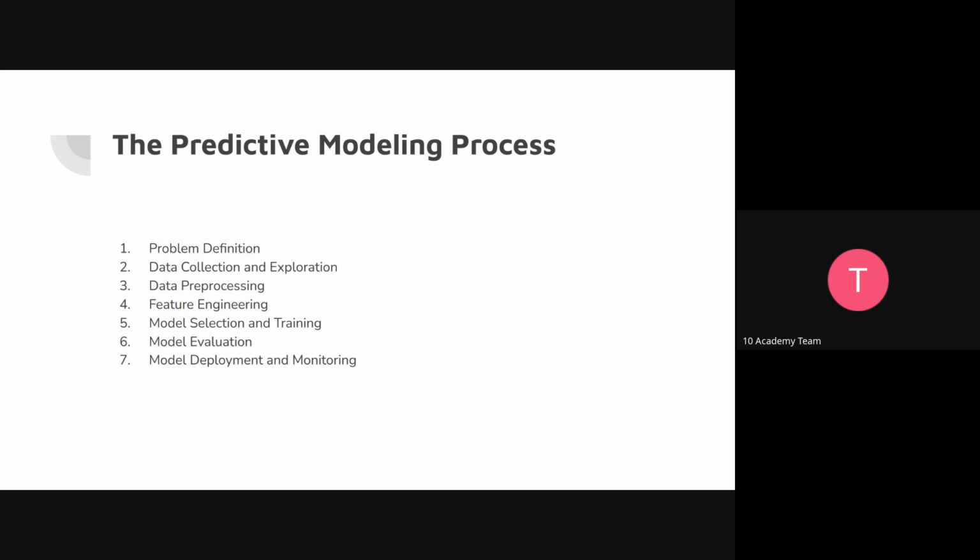After the data pre-processing, you have feature engineering, model selection, training, testing, and then model deployment. As I may have emphasized many times, these steps can be iterative. After model selection, training and evaluation, you can go back and do another round of feature engineering and go over these steps again.